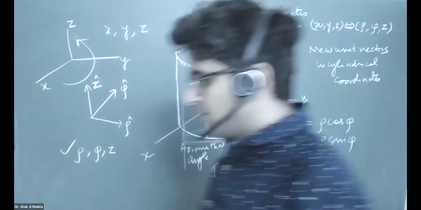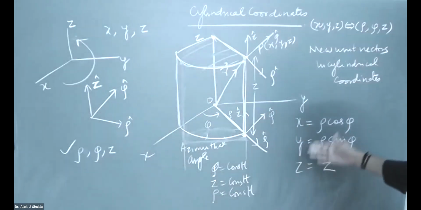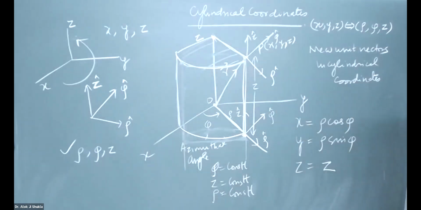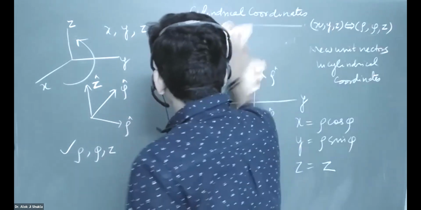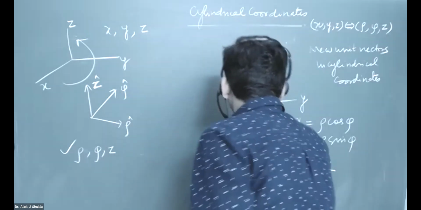So now we have related it with the Cartesian, but we want unit vectors.